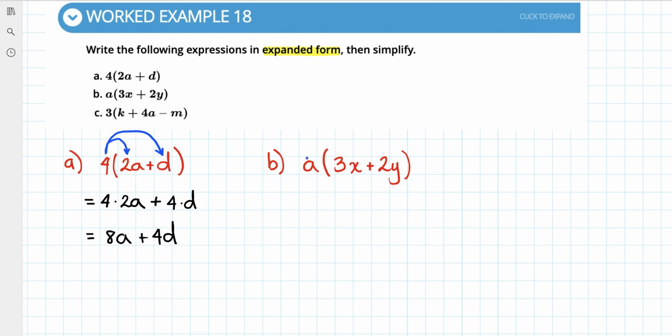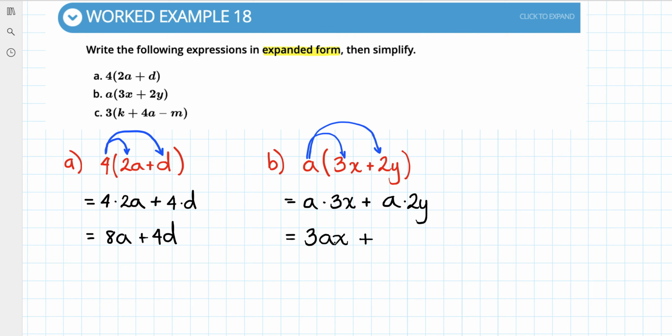Okay, so a is going to affect both terms. Wonderful. And if I do that, it's going to be a times 3x plus a times 2y. And this is equal to 3ax plus 2ay.